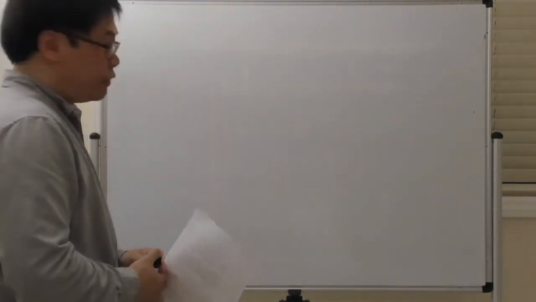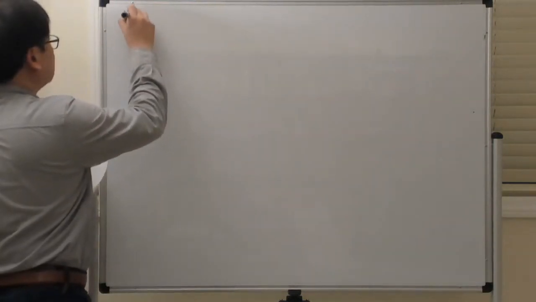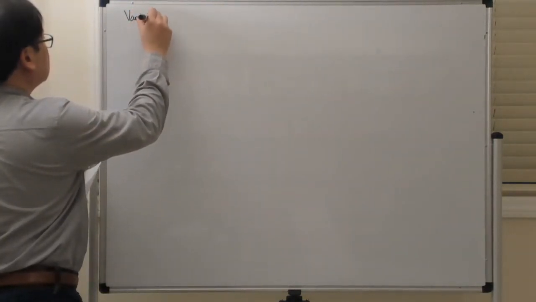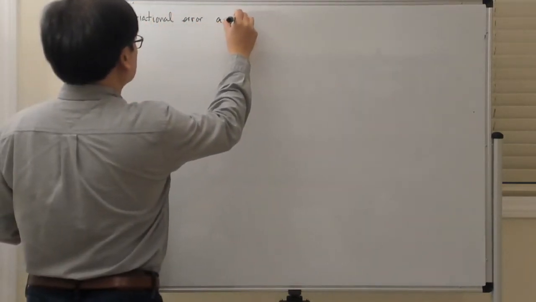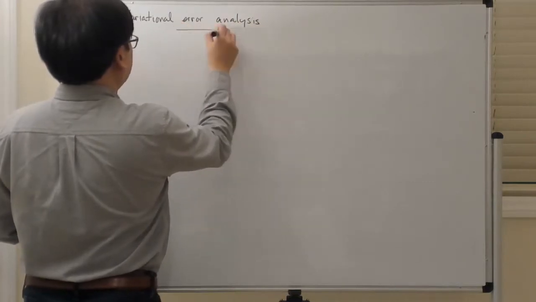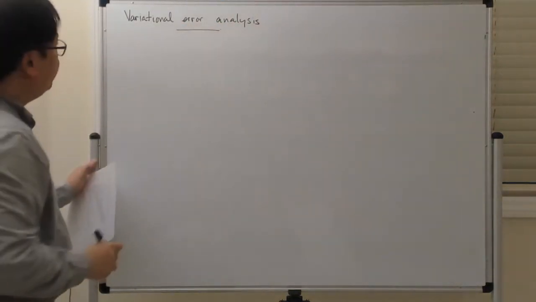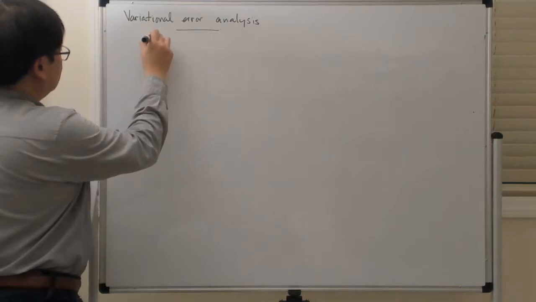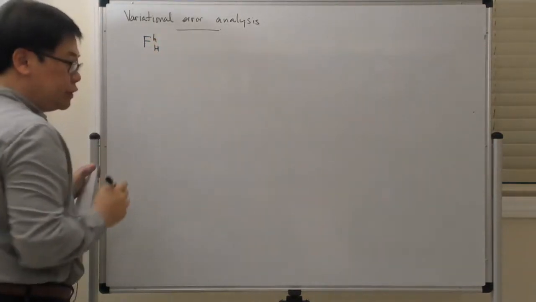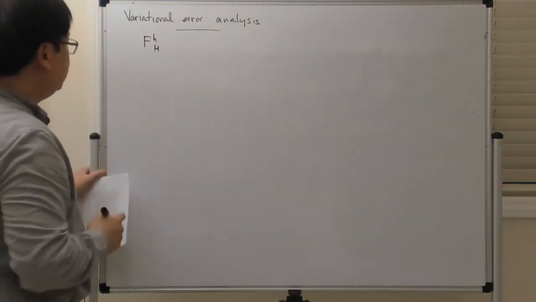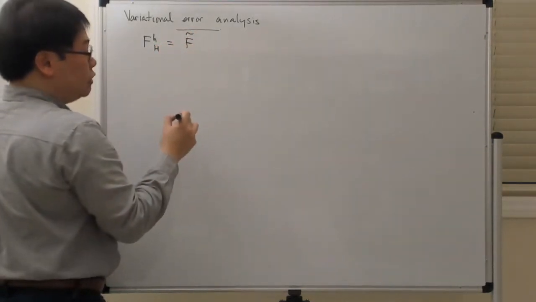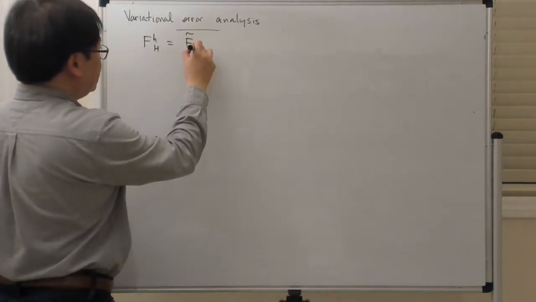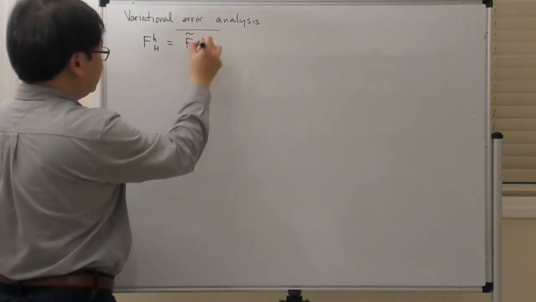All right, so now we're going to discuss this concept known as variational error analysis. It comes from the observation we saw before that the time h flow of the Hamiltonian vector field is equal to the discrete Lagrangian map, discrete Hamiltonian map associated with the exact discrete Lagrangian.